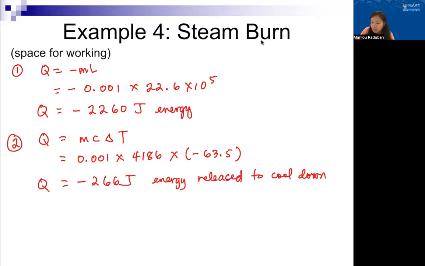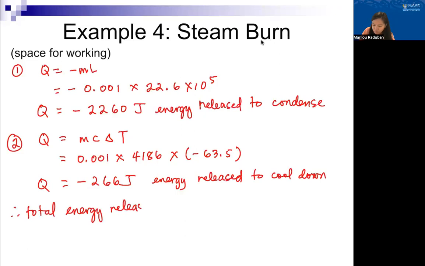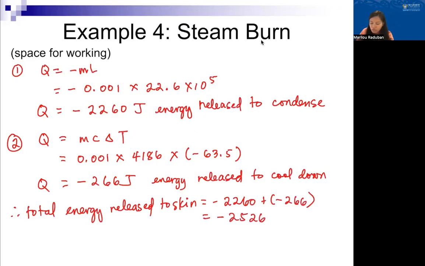Energy released to cool down and energy released to condense. So the total energy released to the skin will be the sum of the two: negative 2260 plus negative 266 gives you negative 2526 joules. That's the total energy released to the skin.